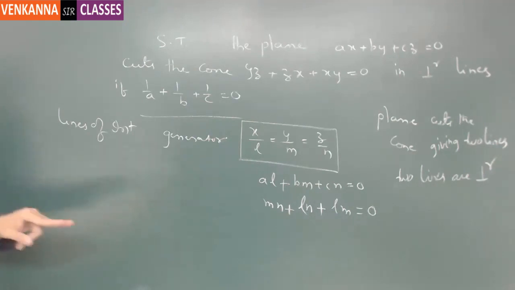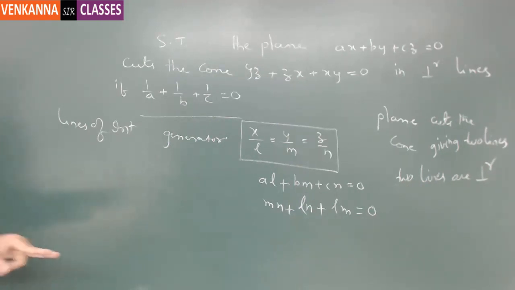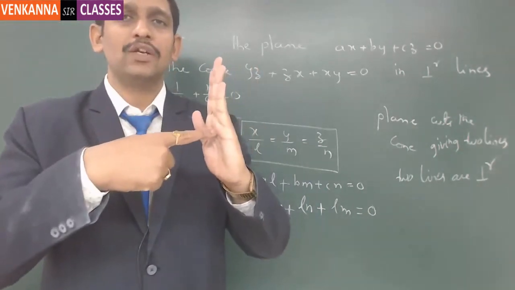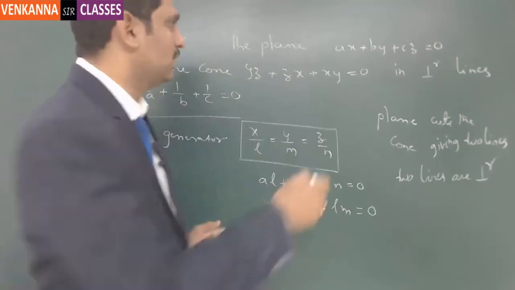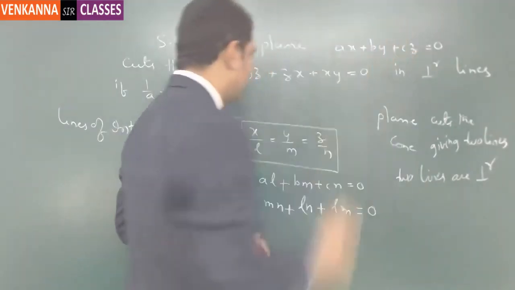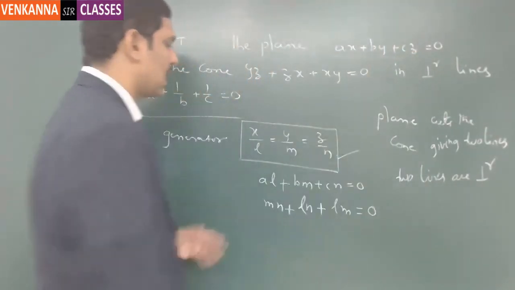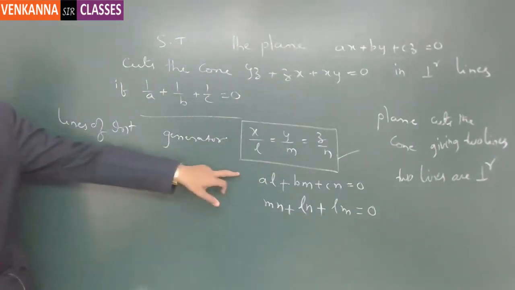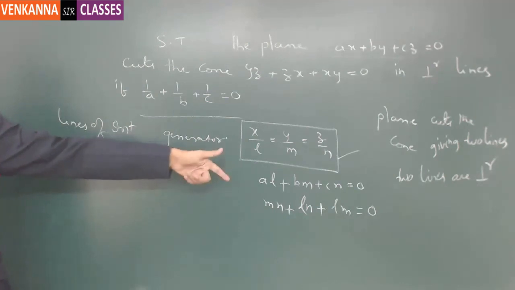Or you have a doubt? Because the normal of the plane is perpendicular to the line, so we apply the perpendicularity condition for the plane DRs and the line DCs. Right. So from this we have to eliminate one parameter.